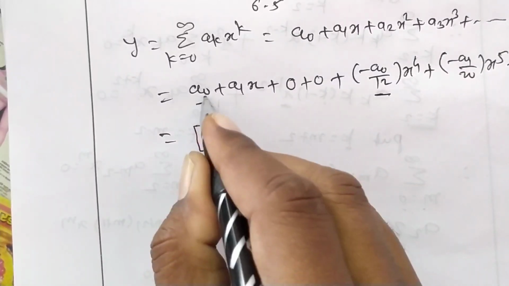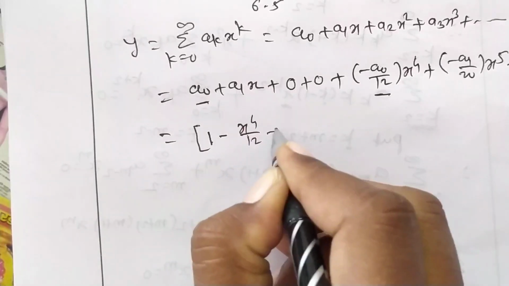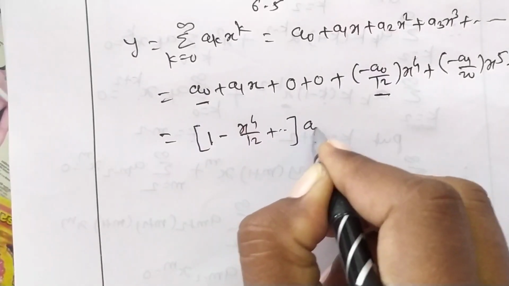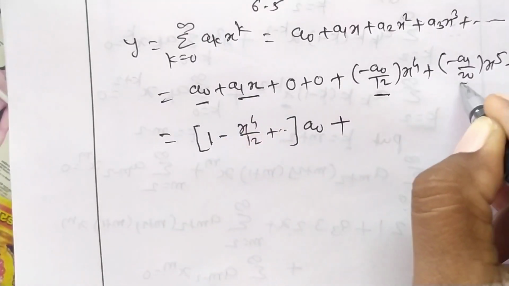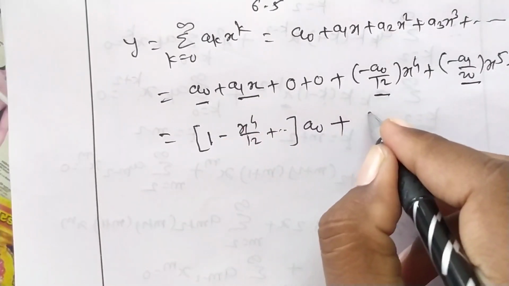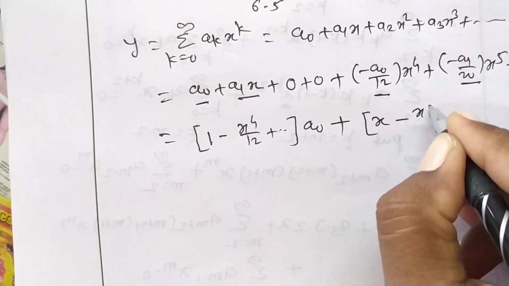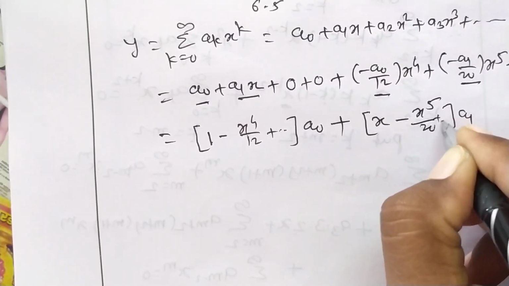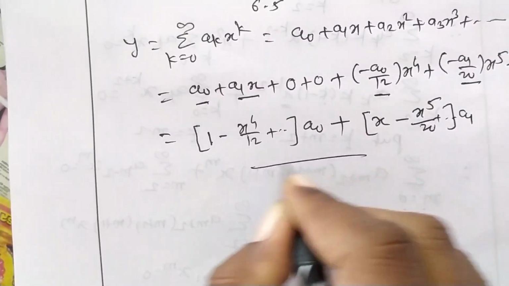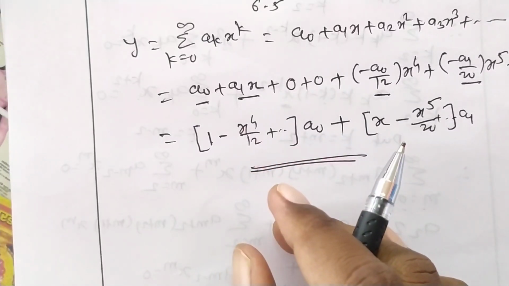If you take a0 common, 1 minus x raised to 4 by 12 plus so on into a0 plus, similarly from this a1x and this a1, we can take a1 common. And if you take a1 common here, x minus x to the power 5 upon 20 into a1 plus so on. So this is the required solution of the given linear differential equation with variable coefficients.